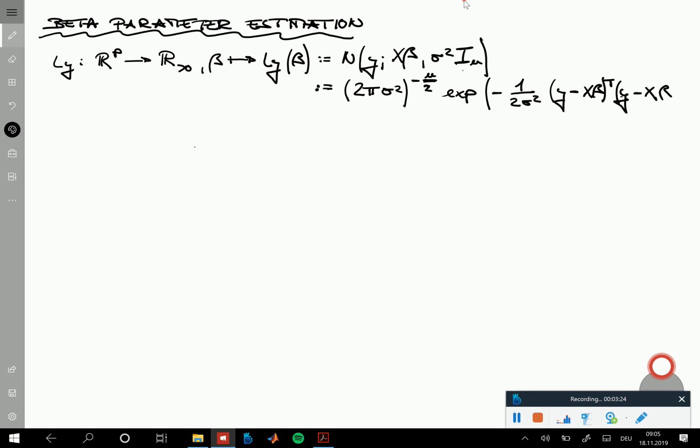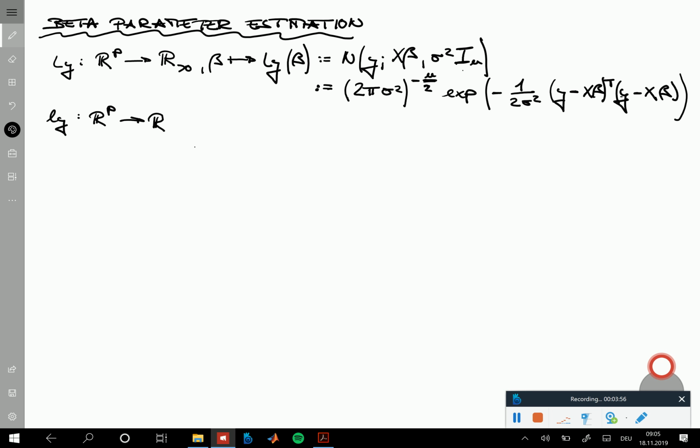So again, this formula you get just by putting this error covariance matrix in the standard form of the multivariate Gaussian density, and then you have immediately this formula. So if you're confused about this formula, make sure that you are happy with the multivariate Gaussian. And then we can do a log transform of that immediately.